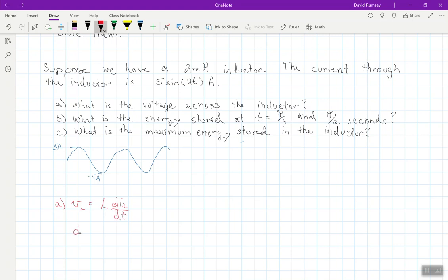Using our formulas for the derivative of current, it's going to be 5 times, then I bring that 2 out, and I get cosine of 2t. So this is simply 10 cosine of 2t.